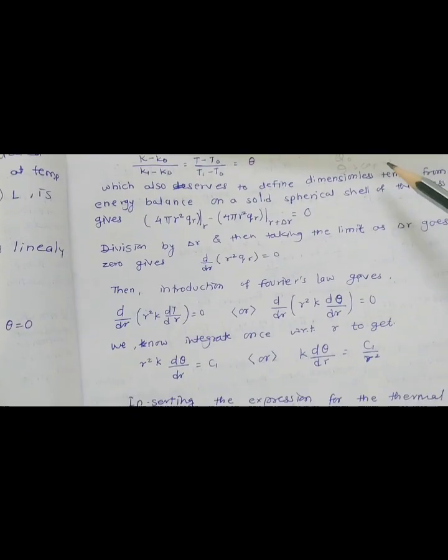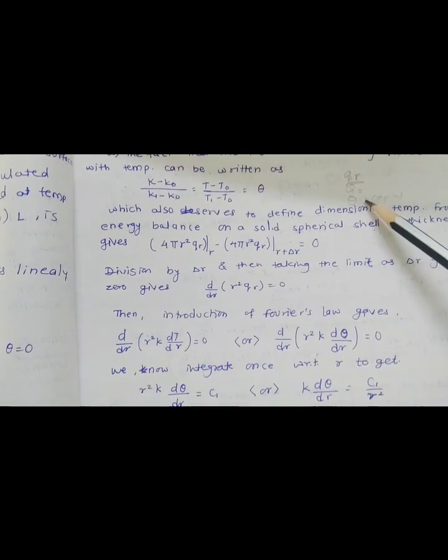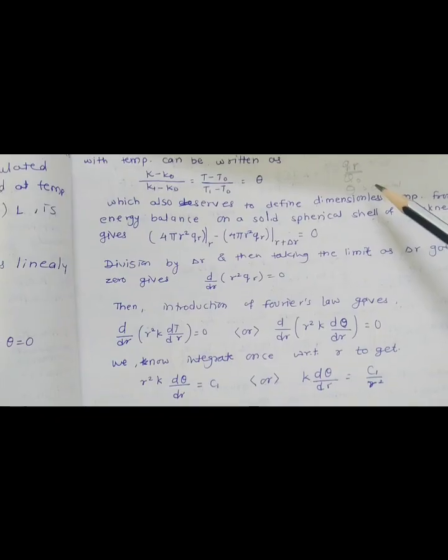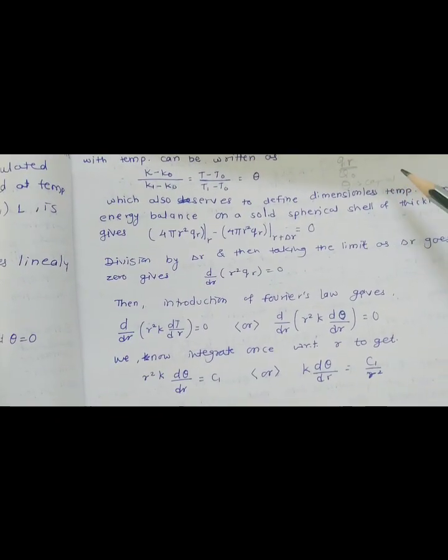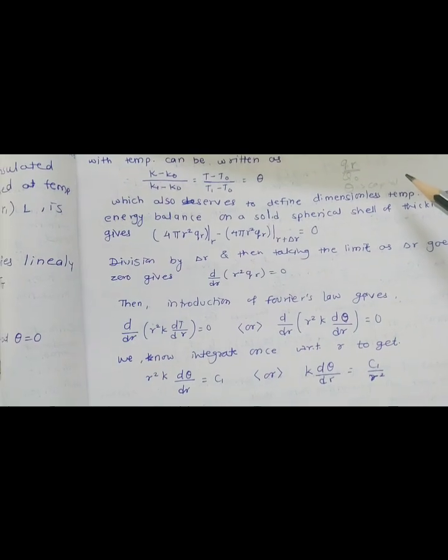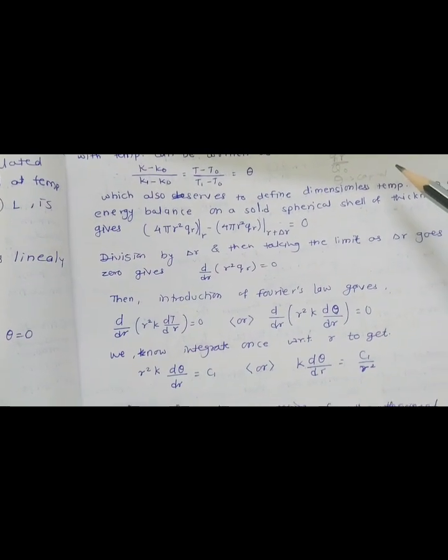Okay, and capital theta is a dimensionless temperature. We are about to define it. It is a dimensionless number between 0 and 1.